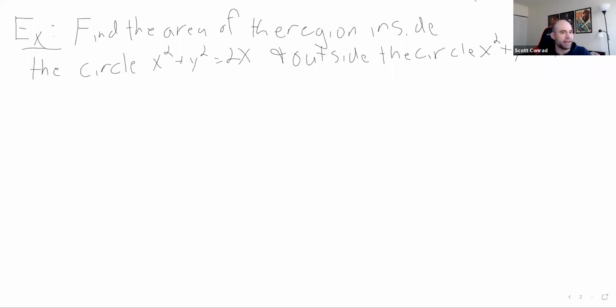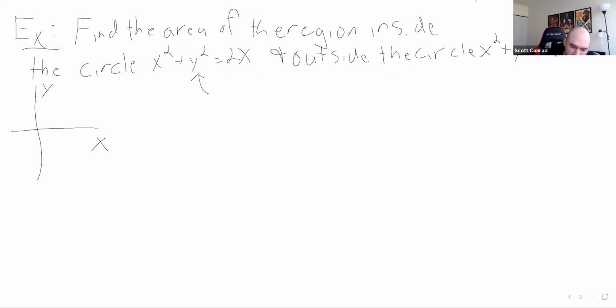Okay, so let's make a quick sketch. It's usually a good thing to do. First of all, let's figure out how to sketch this circle, what the center is, what the radius is. x squared plus y squared equals 2x. We're going to write it in the standard form, x minus a squared plus y minus b squared equals the radius squared.